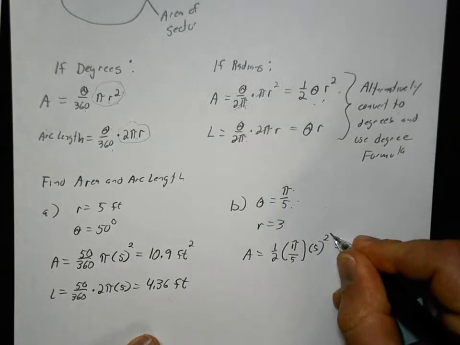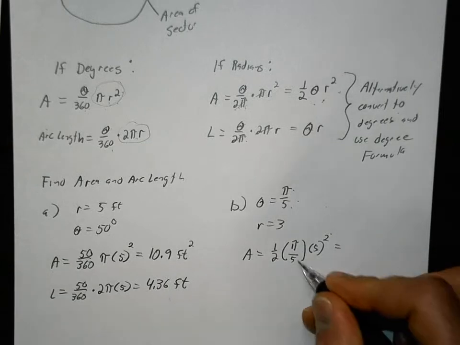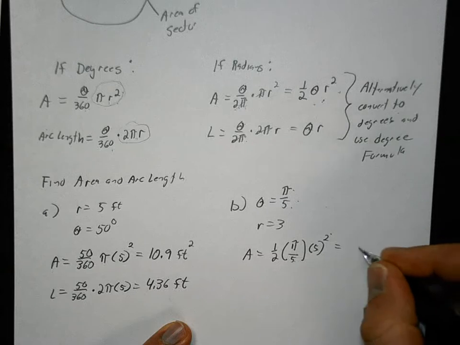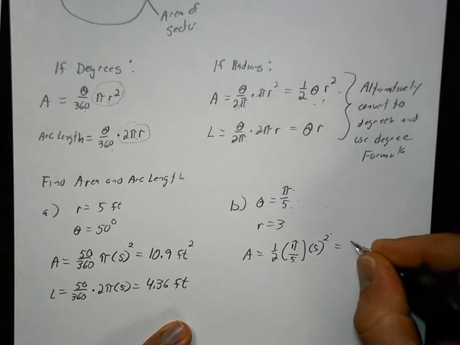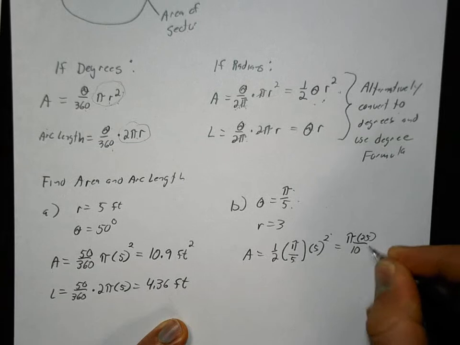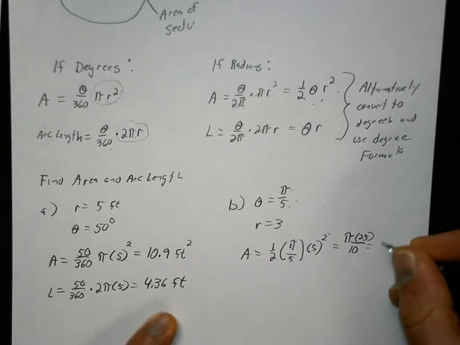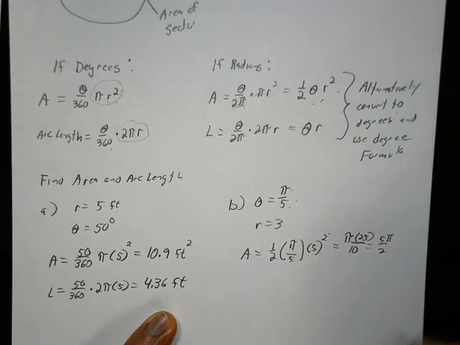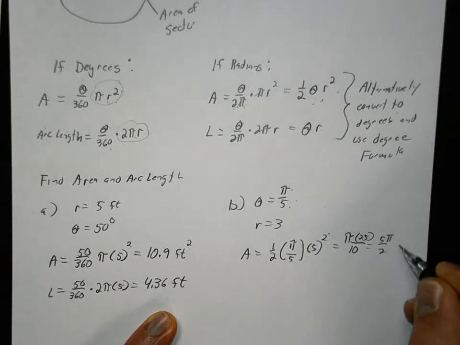So this is going to be 25 divided by 5 is 5, times 1/2 is 5 over 2. So on the top I'm going to have pi times 25 over 10. So it'll be 5 pi over 2 is the actual area.